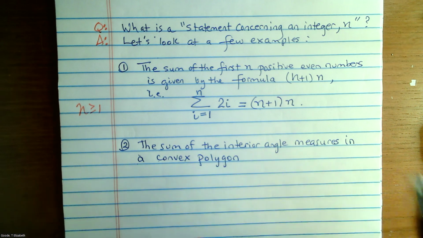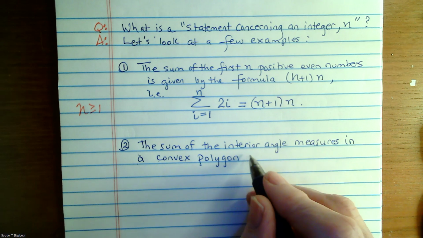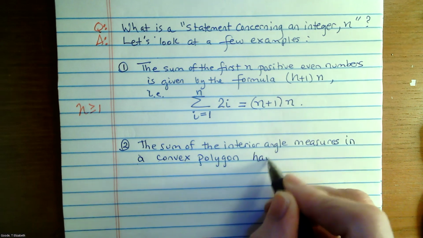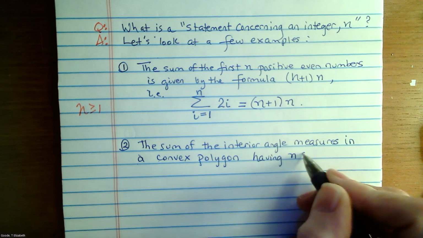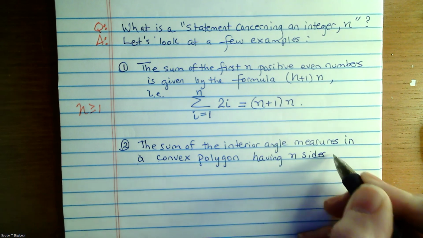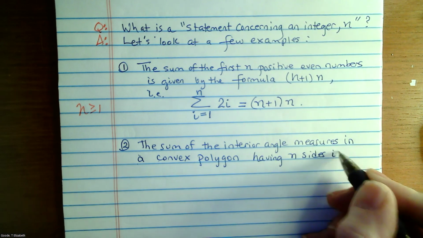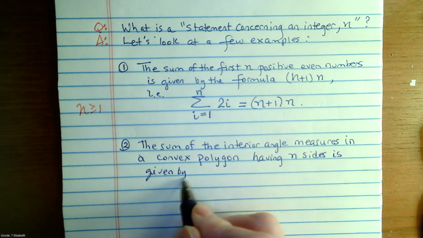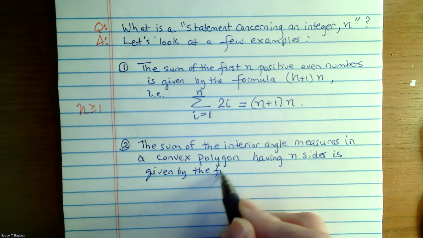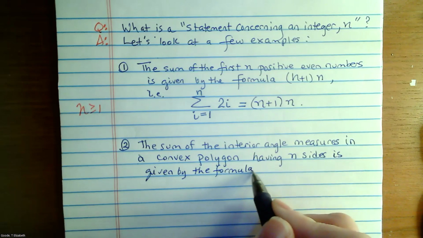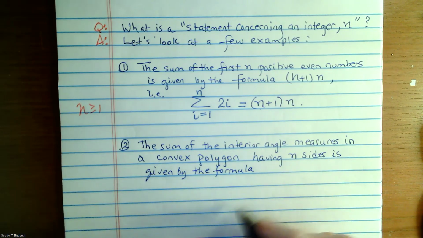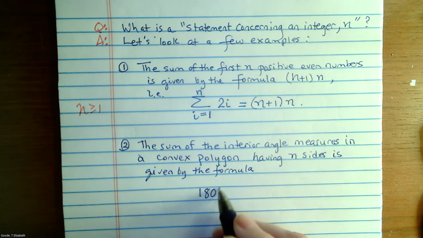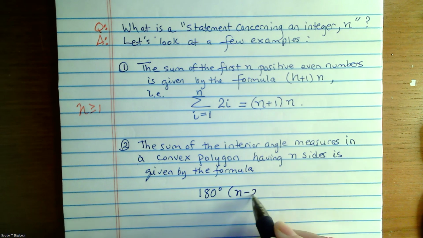The sum of the interior angle measures in a convex polygon having n sides is given by this formula. A lot of times these are formula type things. 180 degrees times n minus 2.